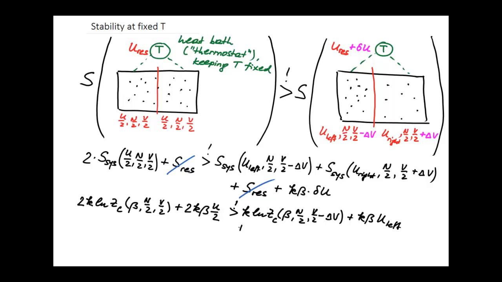And then I have the entropy of the right half, same logic: k log canonical partition function at inverse temperature beta, N half, V half plus delta V, plus k beta U right. And then I still have the contribution from the reservoir, the k beta delta U.